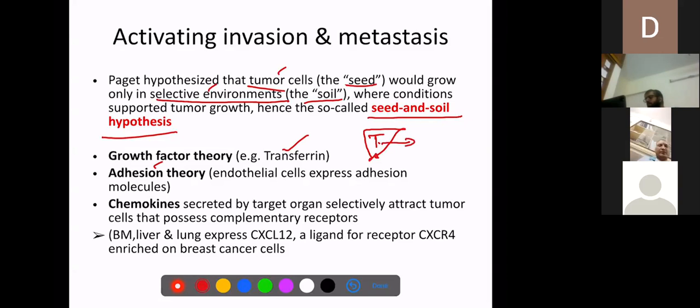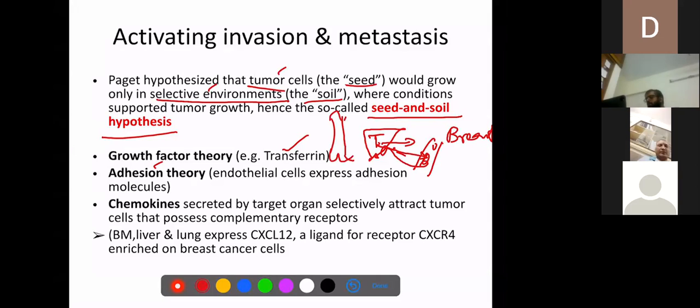So in breast cancer, when the breast cancer cells move in the blood circulation, this transferrin is a good growth factor for the breast cancer cell, not for any other cancer cell. So this breast cancer cell will preferably enter the liver, and they start growing as a metastasis. And in bone also you have transferrin.